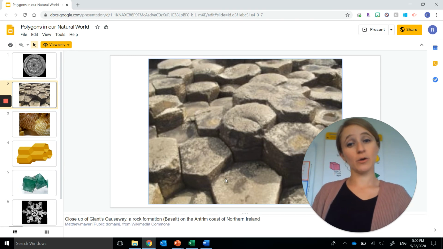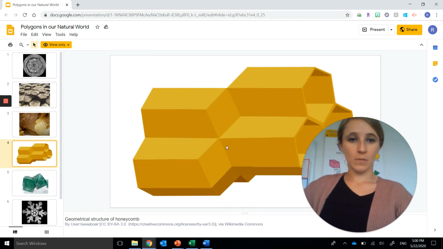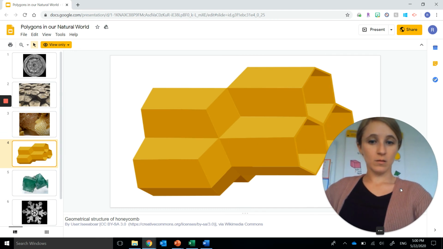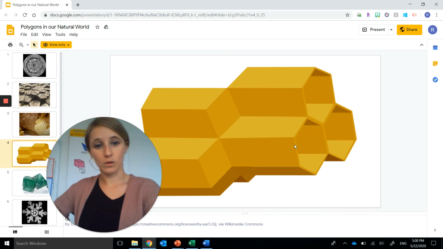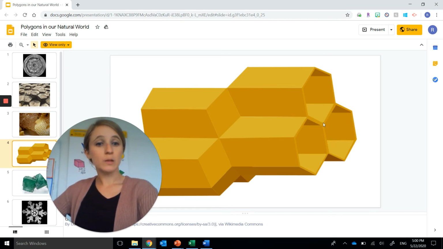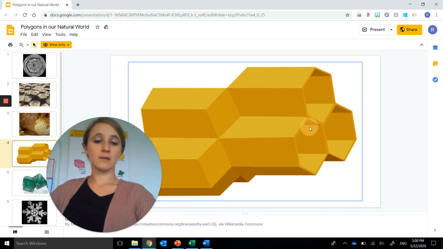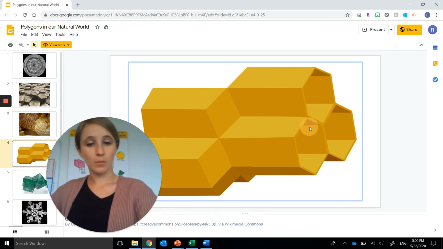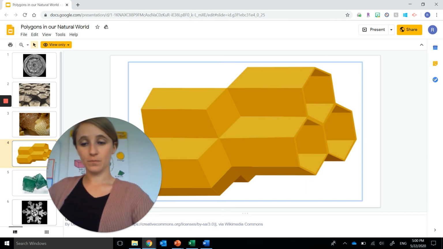It could be a pentagon or it could be a hexagon. This is what the inside of a honeycomb looks like. Remember, a honeycomb is where like bumblebees live and where they make their honey. On here, I'm counting 1, 2, 3, 4, 5, 6 sides. If you remember from our lesson, if it has 6 sides, that's called a hexagon.